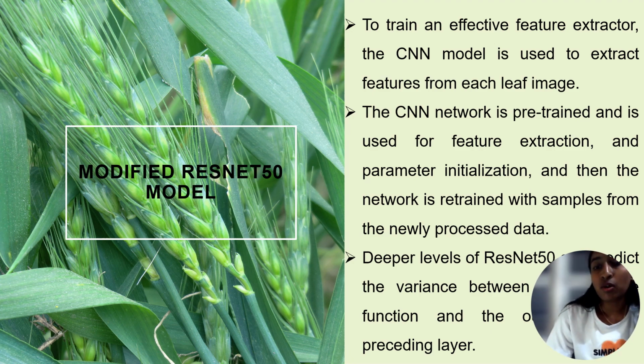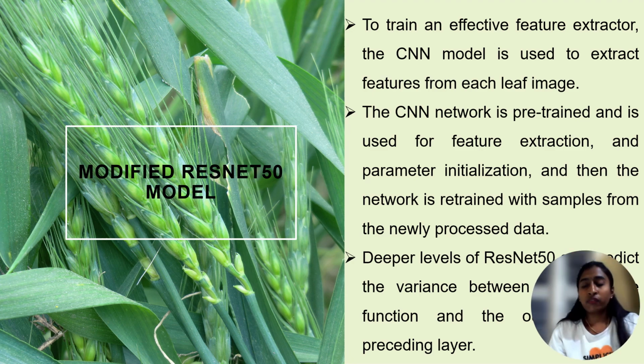The CNN model will pre-process the images and classify them according to the features it has extracted, and it gives the final output in four classifications, whether it is healthy wheat or root rot, like that. Next we will move on to the next slide.